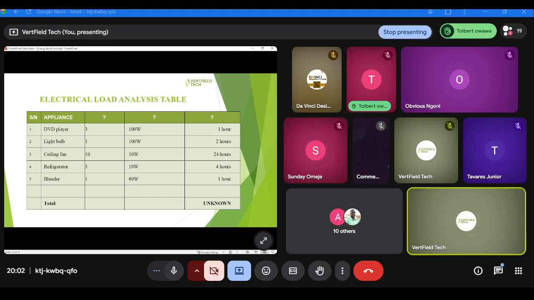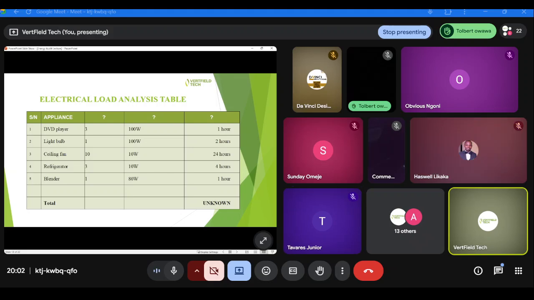Now, the big guy of the day, electrical load analysis table. So on my screen here right now, you can see a typical example of an electrical load analysis table.